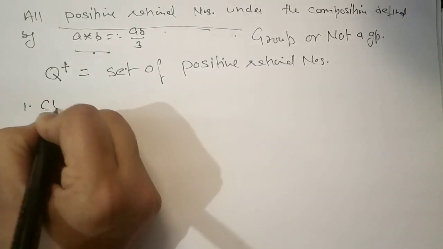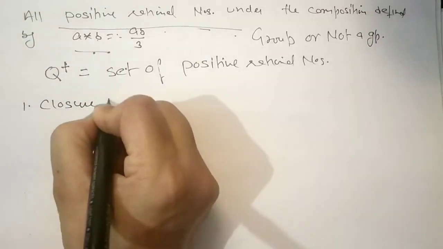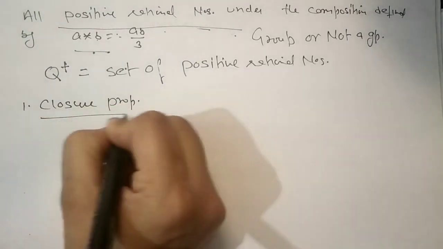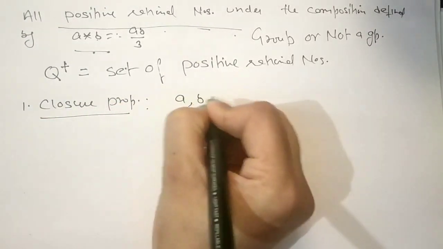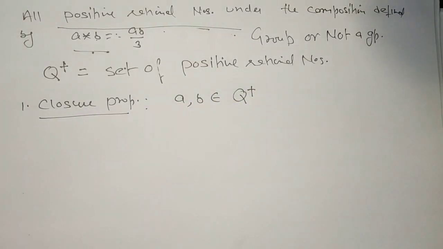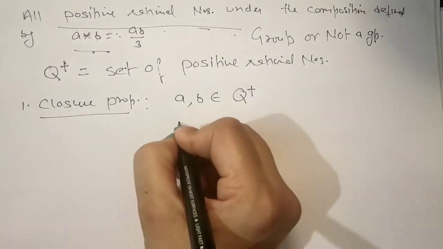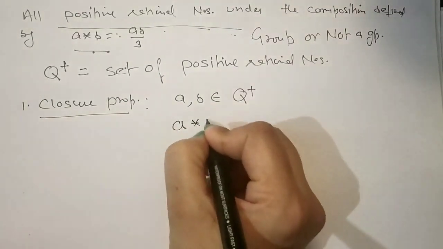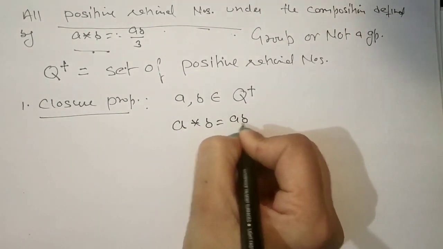First property is closure. Is the closure property true or not? For which we have to take 2 elements from the set of positive rational numbers. A star B is equal to AB upon 3.